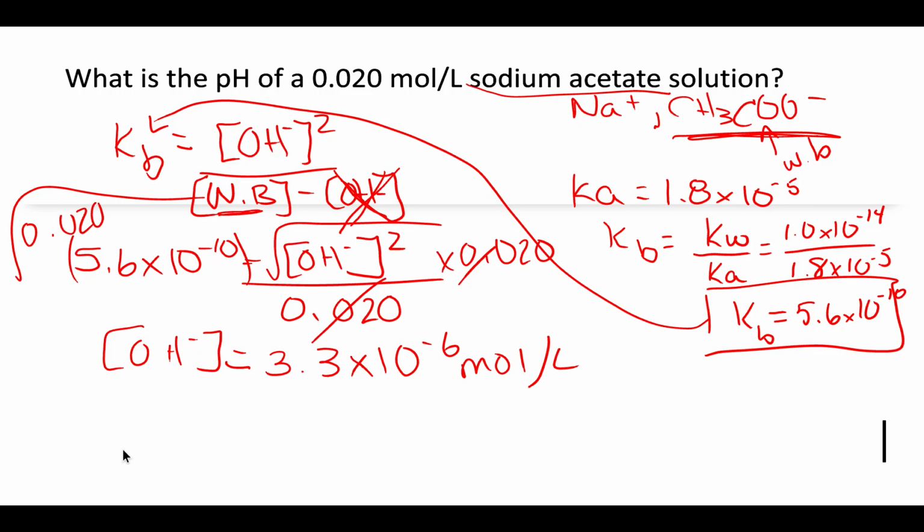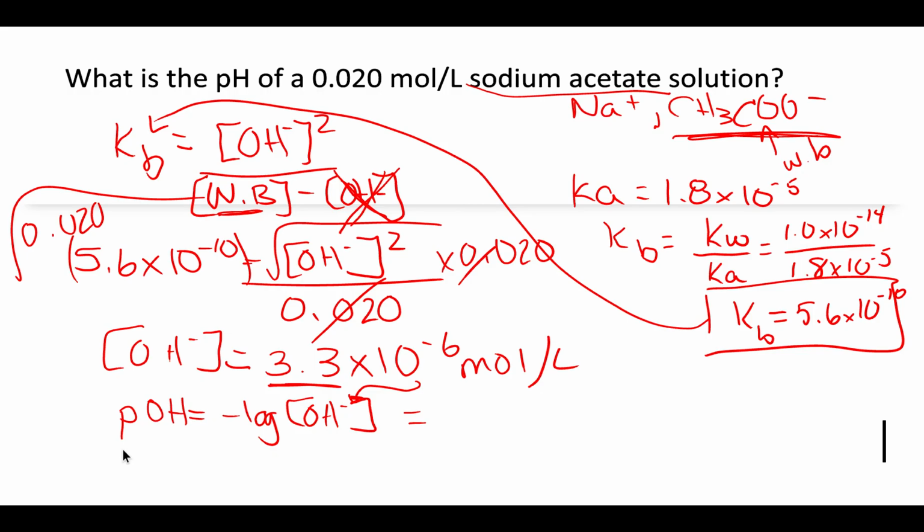I would have a longer value here, so don't round too early. Keep the whole value in your calculator. From there, if you have the concentration of the OH ion, you can find pOH by taking the negative log of the hydroxide concentration. Take the negative log of 3.3 times 10 to the negative 6, and you want 2 significant digits, that's 2 places after the decimal.